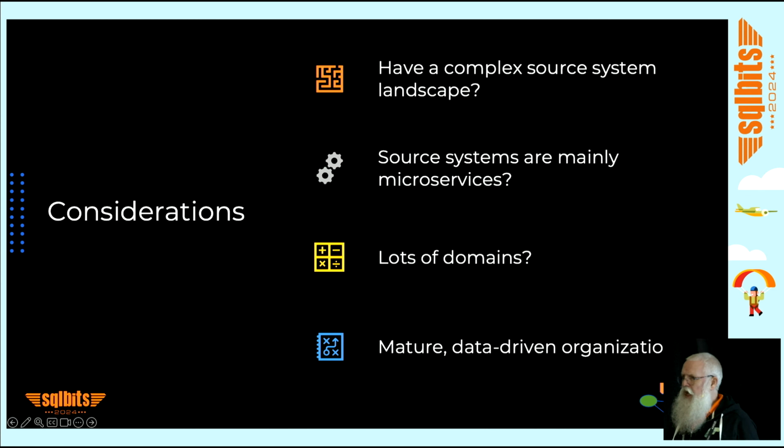And then, how mature and data-driven is your organization? If you're going to put all the ownership of the business domain side on the users, they need to be data literate. So if you are not data-driven already, you probably aren't mature enough for a data mesh. It will cost way too much to get the users up to speed at the same time that you're building that data mesh.